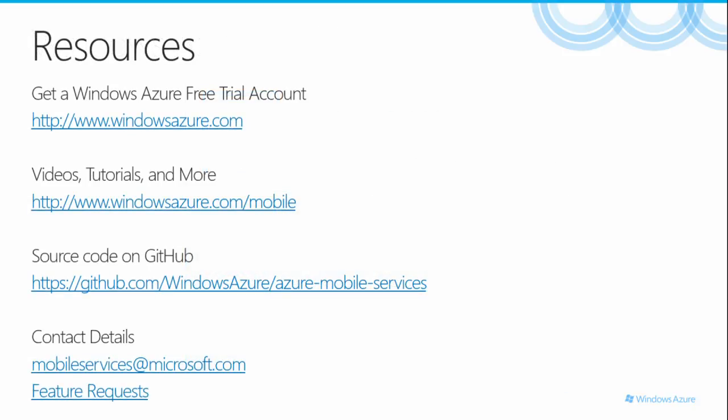So with that, the one resource you should remember is the second one there, windowsazure.com/mobile, or easier, aka.ms/mobileservices. From within there, you've got step-by-step guides of how to do all this sort of stuff.